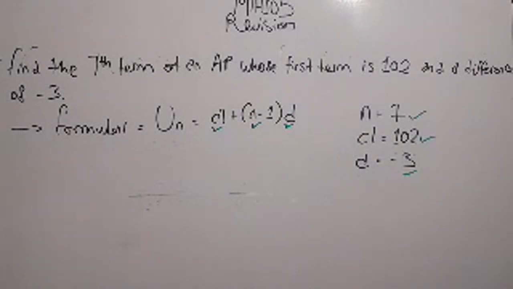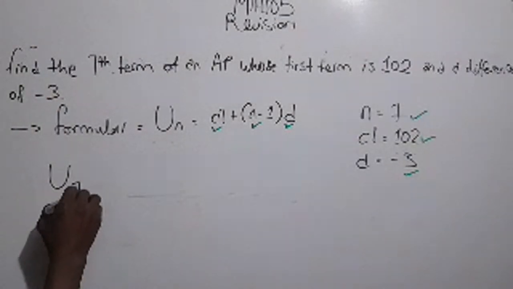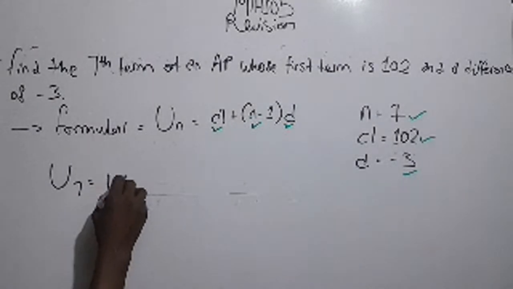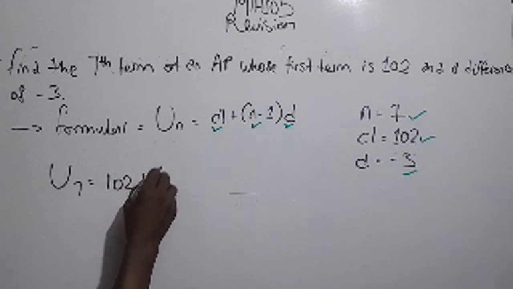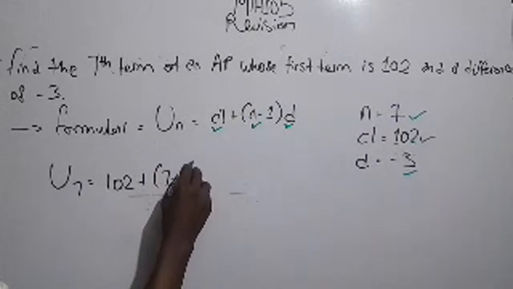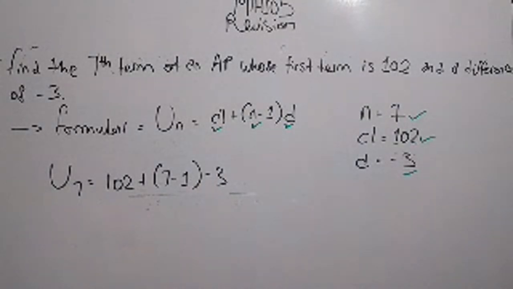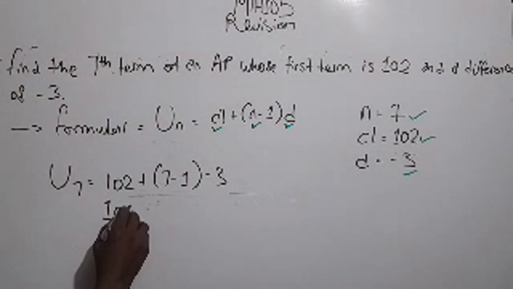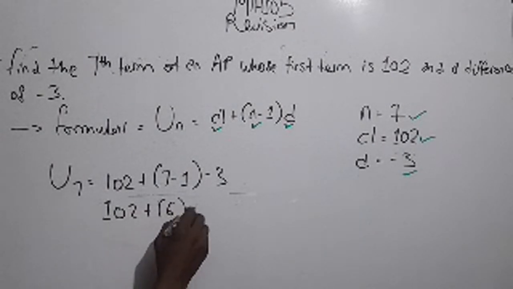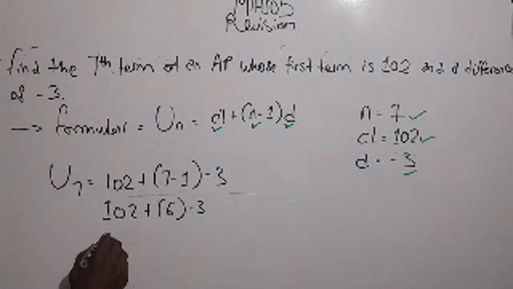We have U7 equals 102 plus (7 minus 1) times minus 3. We have 102 plus 6 times minus 3.